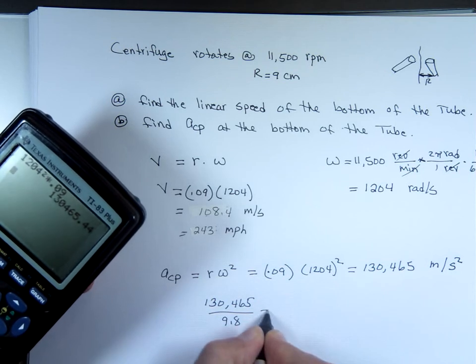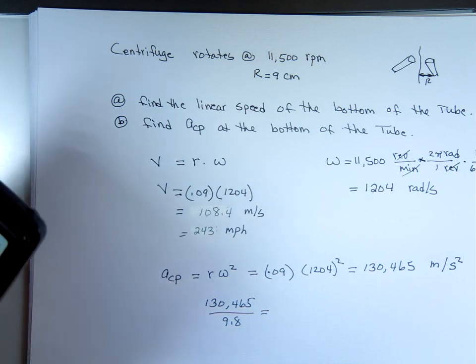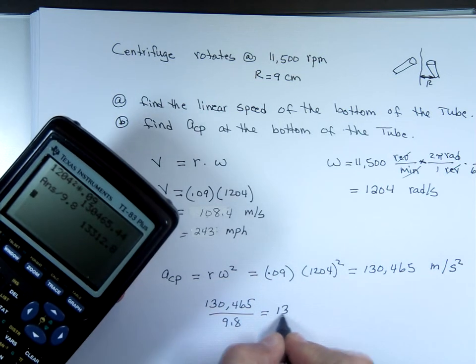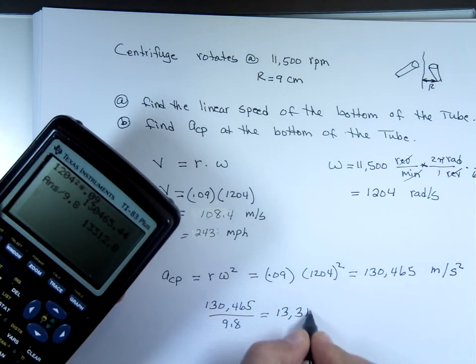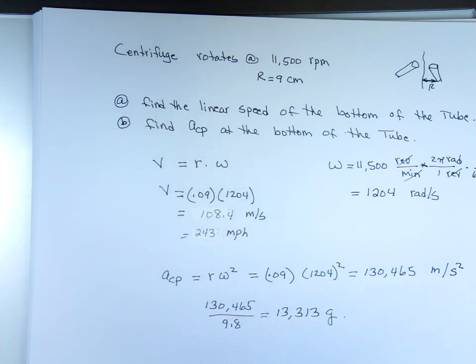Divided by 9.8, you're getting roughly 13,313 G's. So that acceleration on that system is equivalent to 13,300 times larger than the acceleration on Earth.